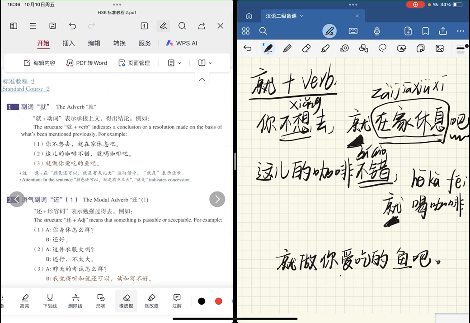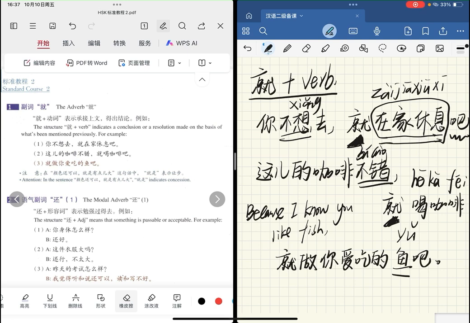So the final example is 就做你爱吃的鱼吧。It's to make the fish you like to eat. So we know you like fish, 鱼, so we decide to make fish. 就做你爱吃的鱼吧, because I know you like fish.